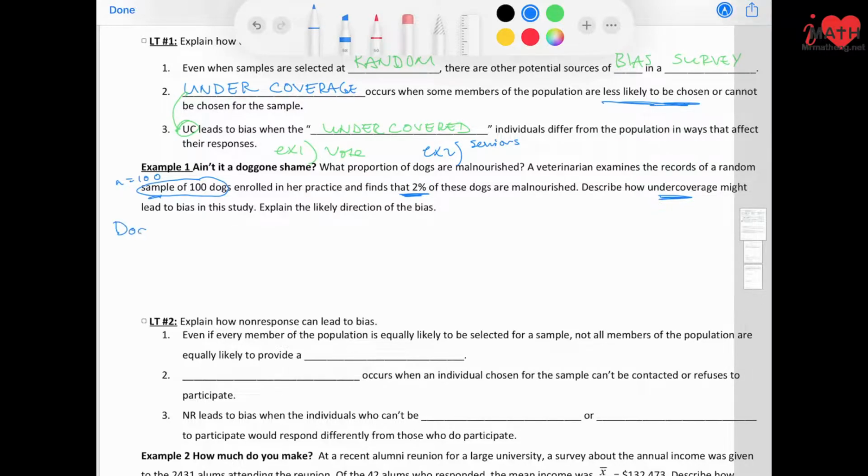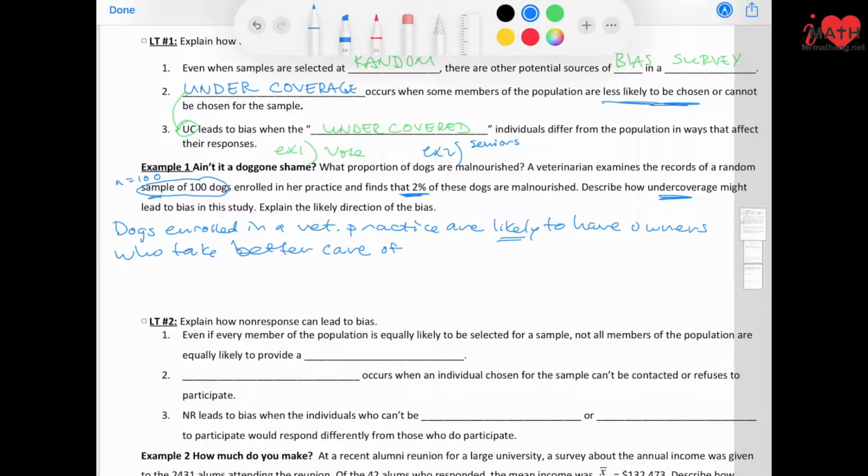So, dogs enrolled in a veterinarian practice are likely to have owners, remember the keyword likely, we're not saying for certain, but strongly, owners who take better care of their dogs, rather than, what's the opposite of being enrolled into a vet having a doctor, rather than other owners on average.